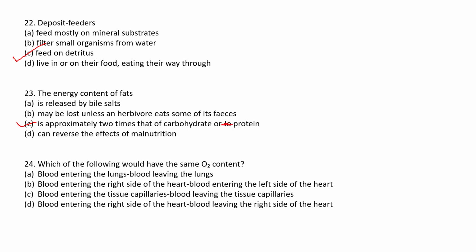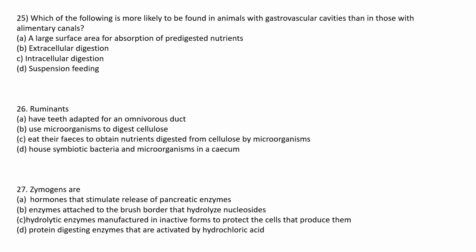This is correct. Which of the following would have the same O2 content? Blood entering the right side of the heart and leaving the right side of the heart. Option D. 25. Which of the following is more likely to be found in animals with a gastrovascular cavity than in those with an alimentary canal?